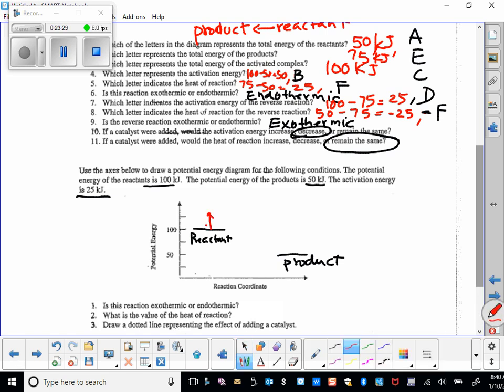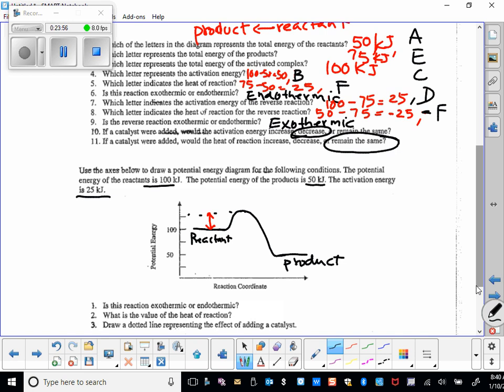So the top of my curve is 25 more than my reactant. Is it making sense? All right. So how will the reactant increase? It will rise up and then it will drop down. Are we good? It's going to go up to 125. Do we understand this?